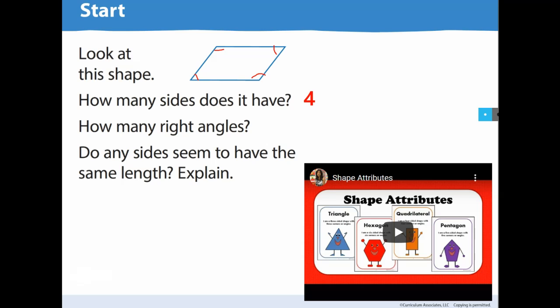So technically, how many right angles does it have? Zero. Do any sides seem to have the same length? What do you think?